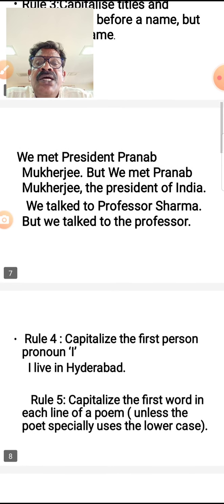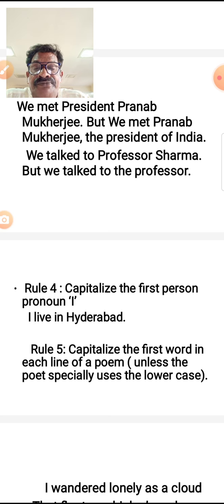And now let us come to rule number 4. Capitalize the first person pronoun I. This is very, very important because I have come across so many mistakes from so many students, even from English medium guys and girls also. For example, my son, who is doing his medicine in All India Institute of Medical Sciences, also commits this mistake.